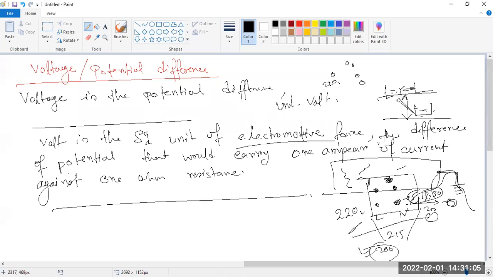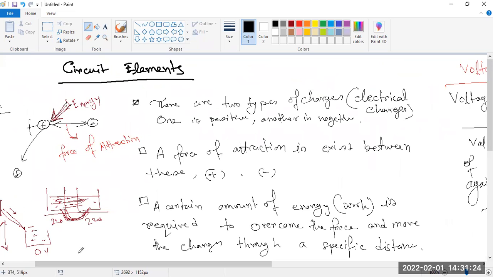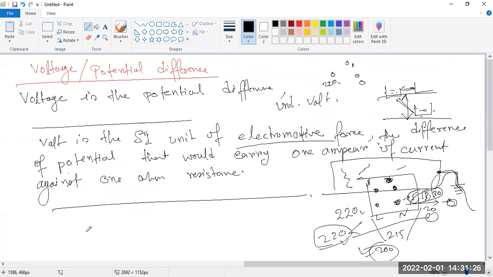Then we are getting full voltage, that is 220 volt. Okay. So this is the real concept of voltage and potential difference. The unit of voltage and the unit of volt are both volt.